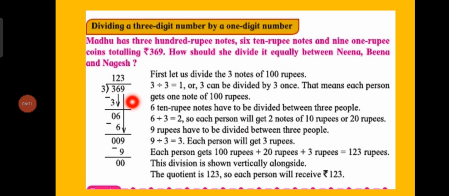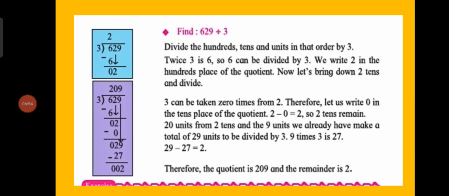So here 369 divided by 3. 3 ones are 3, 0, 6 we bring down, 3 2s are 6, then 3 9 is remaining here, so 9 we bring down, 3 3s are 9, so here the answer comes 123. Each person will receive rupees 123.